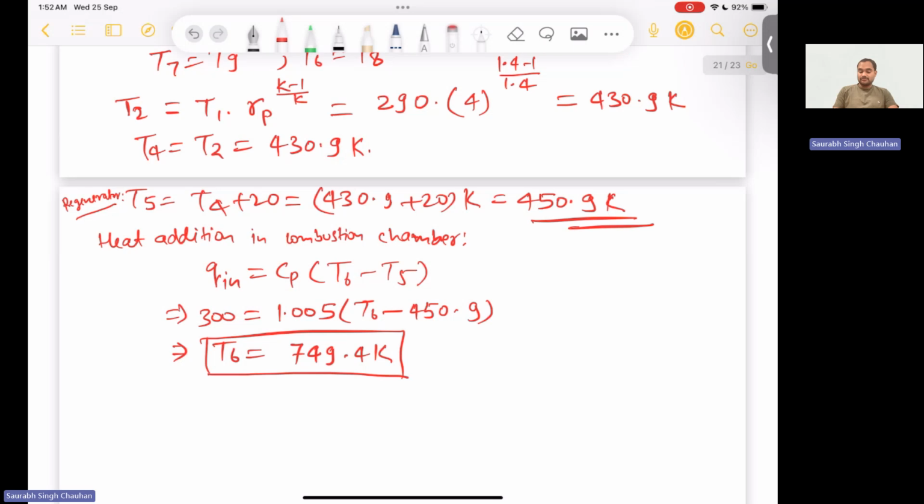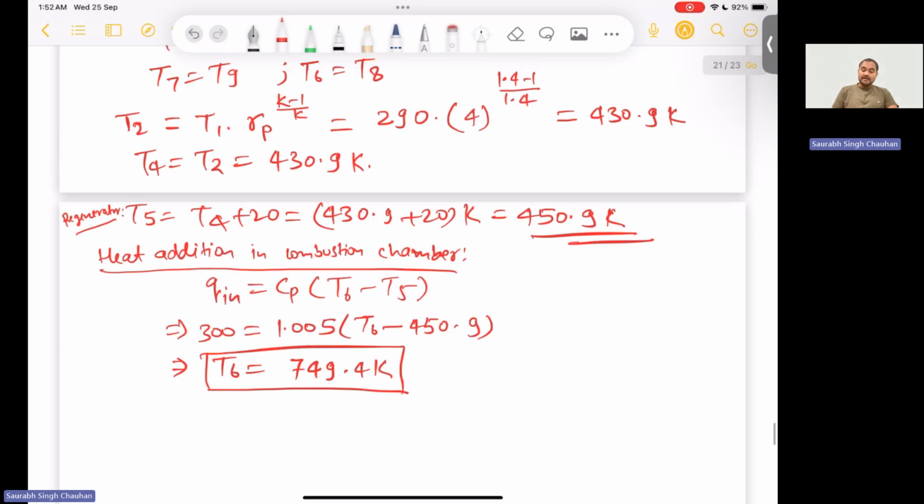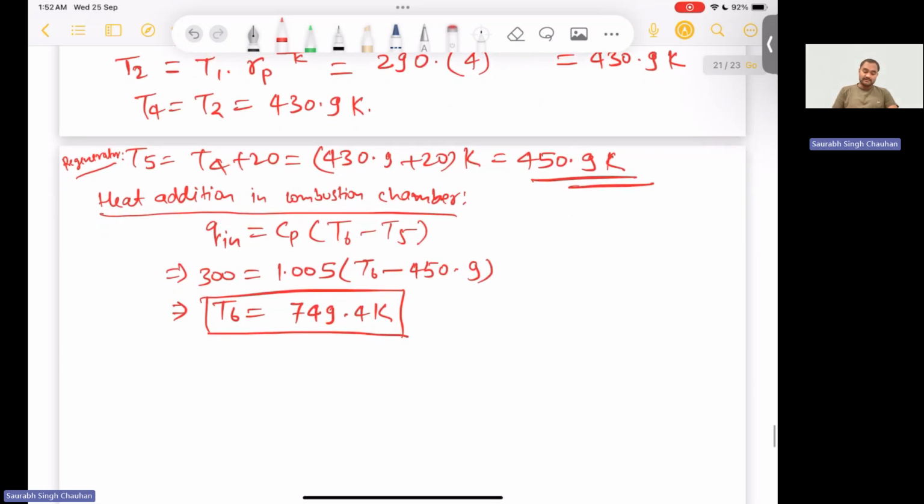Again, I am copying the value which I have. Please do your own calculation and check that everything is correct. This is the temperature after the first combustion chamber. After the first combustion chamber you have the first turbine.